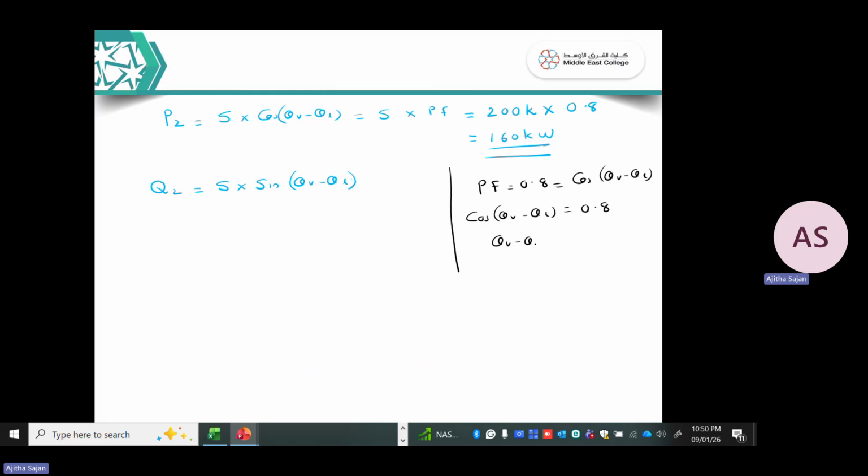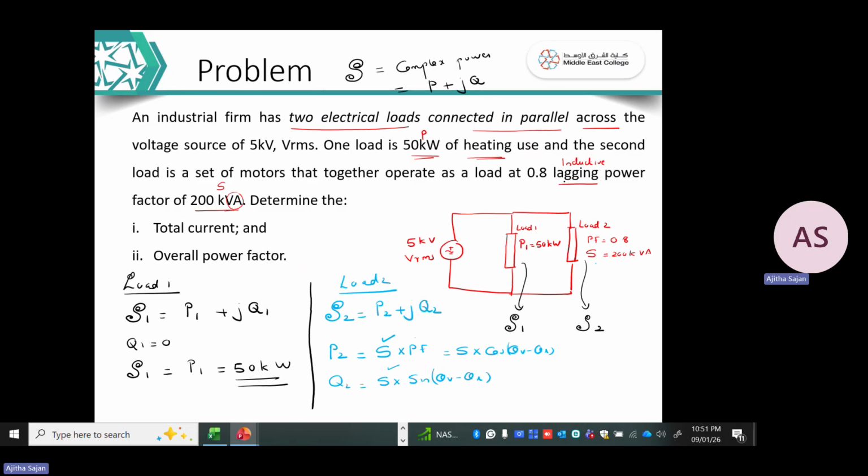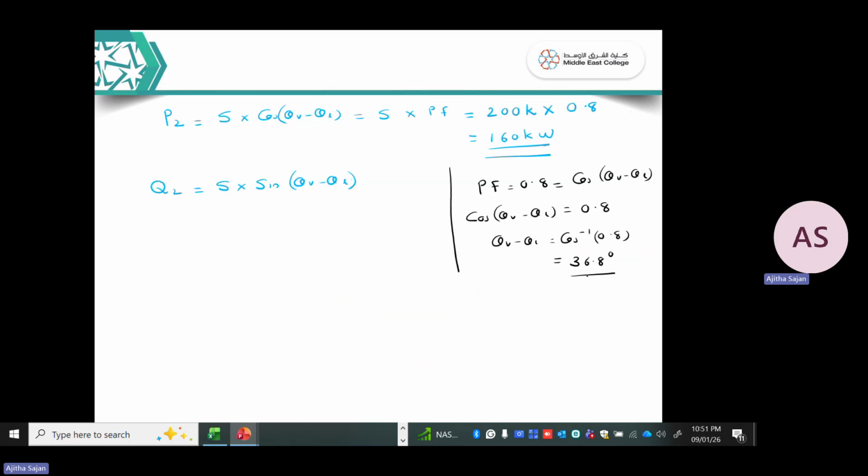So theta V minus theta I is cos inverse of 0.8. In the calculator, cos inverse gives 36.8 degrees. Now, since it is cos, you don't know whether it is positive or negative, so you have to decide the sign based on this. It is lagging inductive, so it should be positive. If it were leading, it would have been negative.